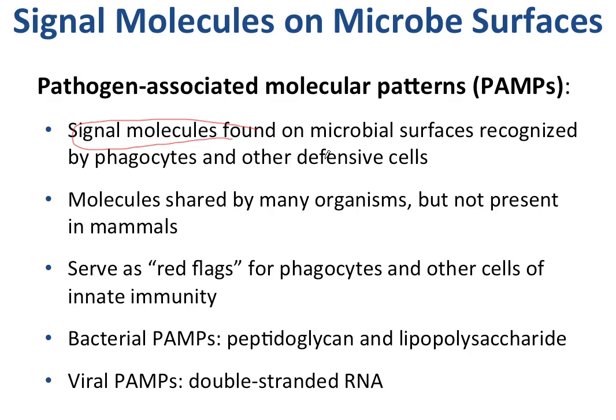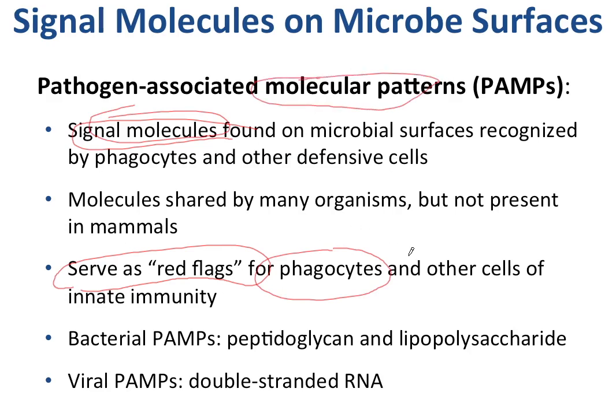The phagocyte uses those molecules to exchange information with other parts of the immune system. Those patterns can be recognized by the phagocyte. Once the phagocyte recognizes this molecule, they know these are the microbes they have to kill.